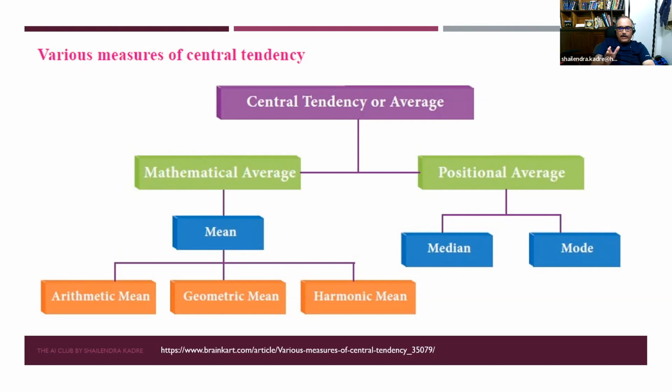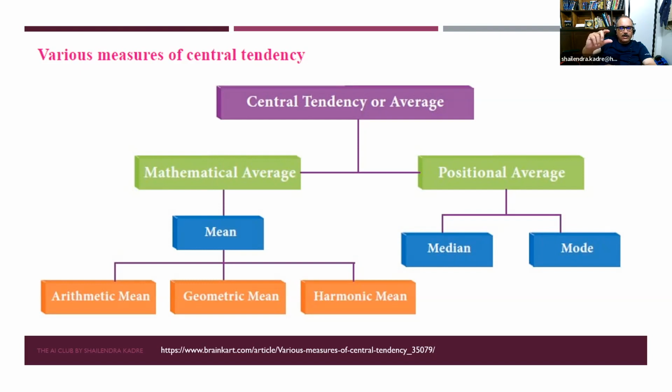To calculate median, suppose there are 21 entries in a data column. What you have to do is put them in ascending order, and with 21 entries, the 11th entry will be your median. So you don't need any formula to calculate it. That is position. Position means middle value. The middle value of that column is the median, based on position.